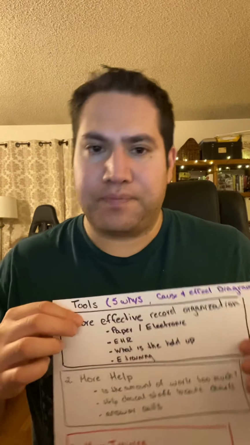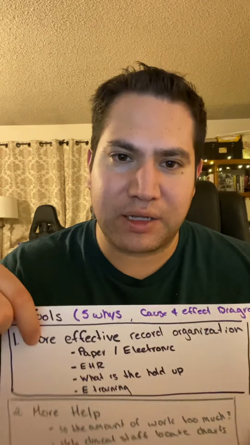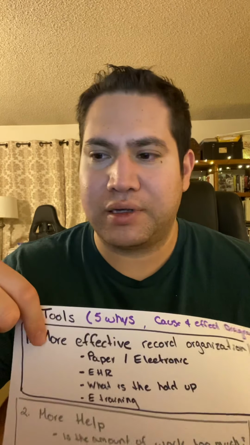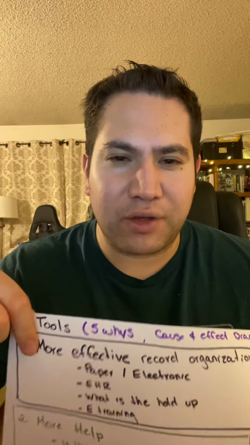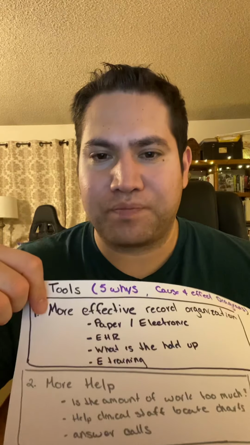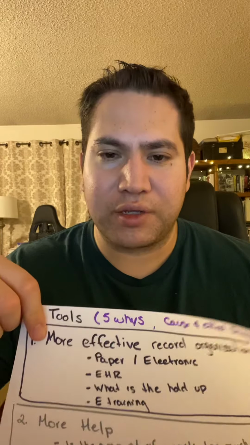So if it's all on paper, then there needs to be a set of rules. Like, you can only take what you're working on. Maybe we need to make alphabetical files and make everything really easy to find, because that should not be taking a long time. It should definitely not be taking away from patients' time, and it should be something everyone can use.